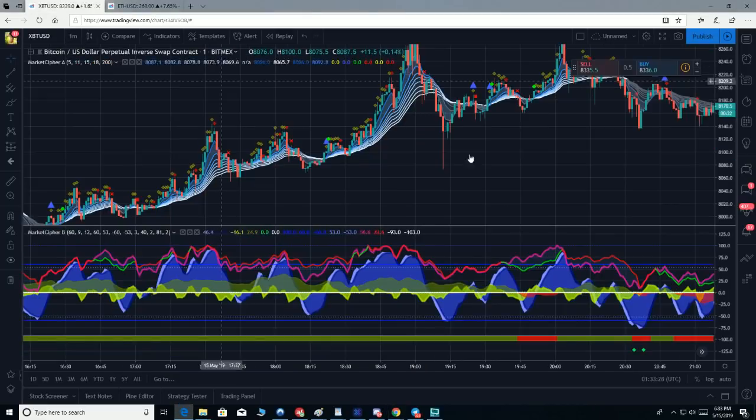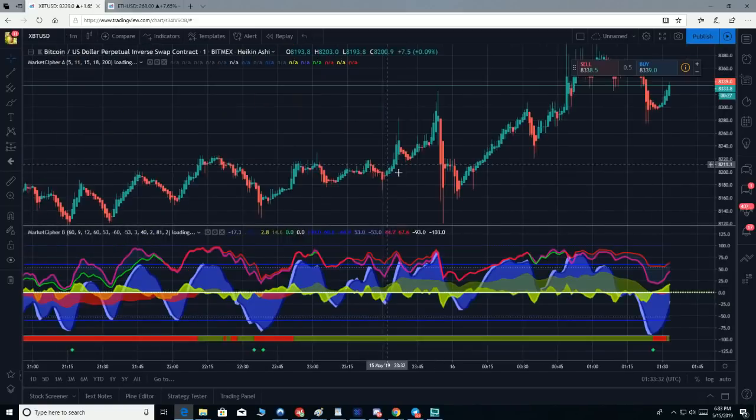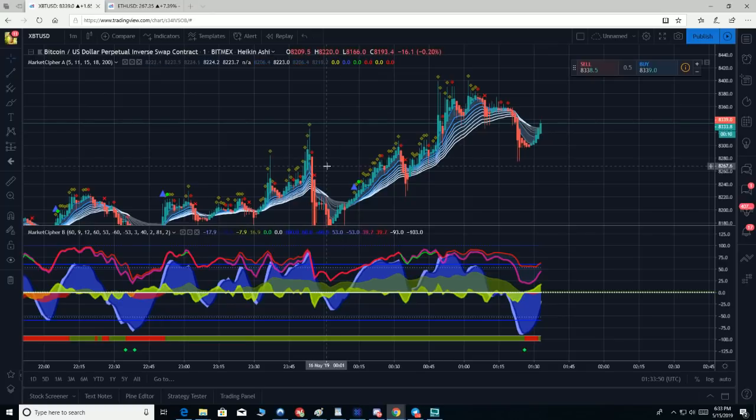How about that indicator, folks? Tell me any other indicator that tells you the bottoms. That's unbelievable. Just tell me an indicator that hits every single bottom. Do any of you know one?